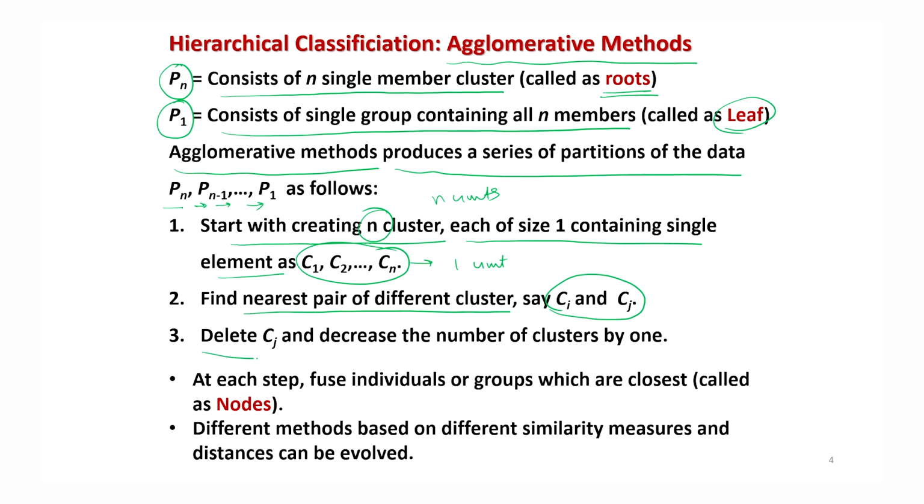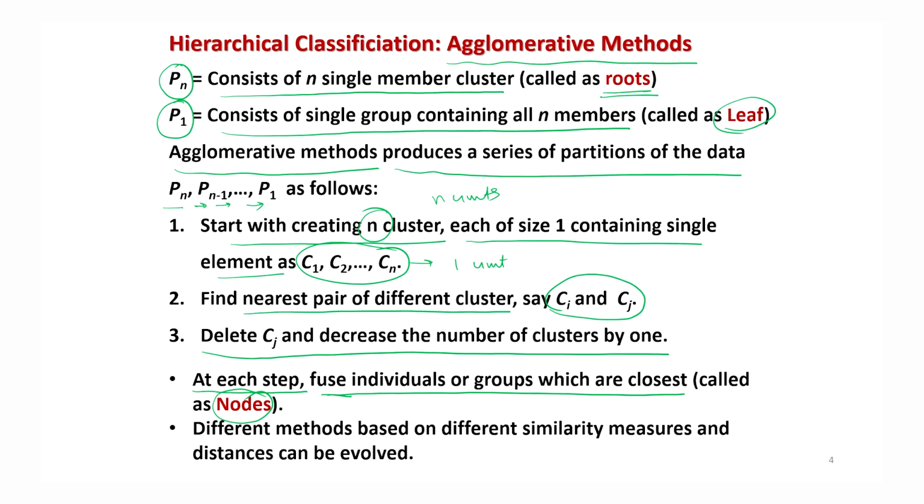So, we delete Cj and decrease the number of clusters by 1, right, because out of C1, C2, Cn, Cj has now combined with Ci. So, the number of clusters is reduced by 1. This process is continued, and at each step we fuse individuals or groups which are closest, and they are called nodes, right.